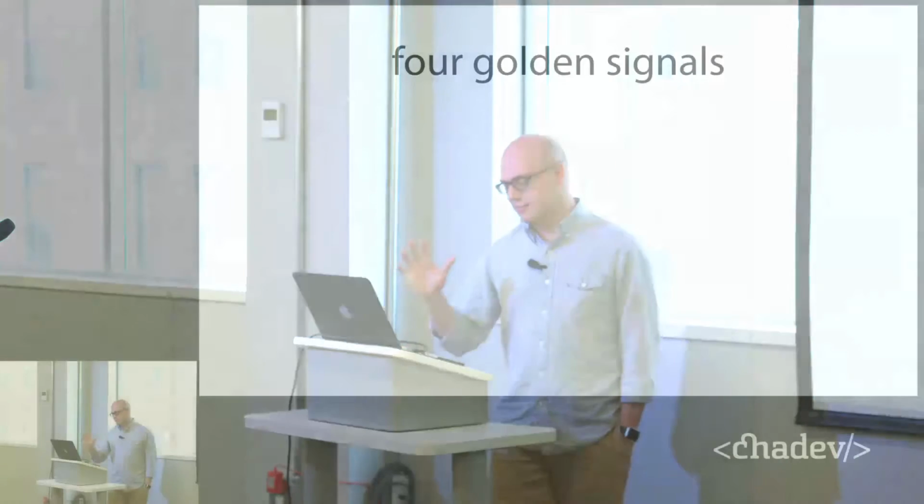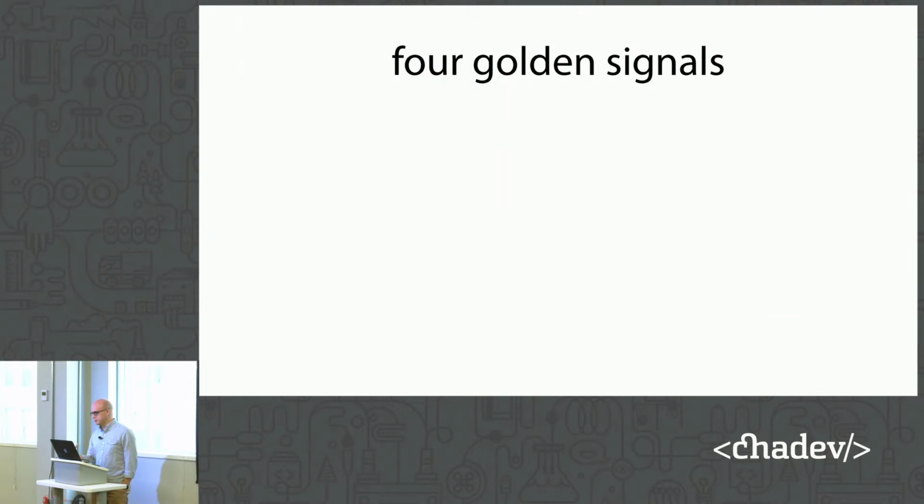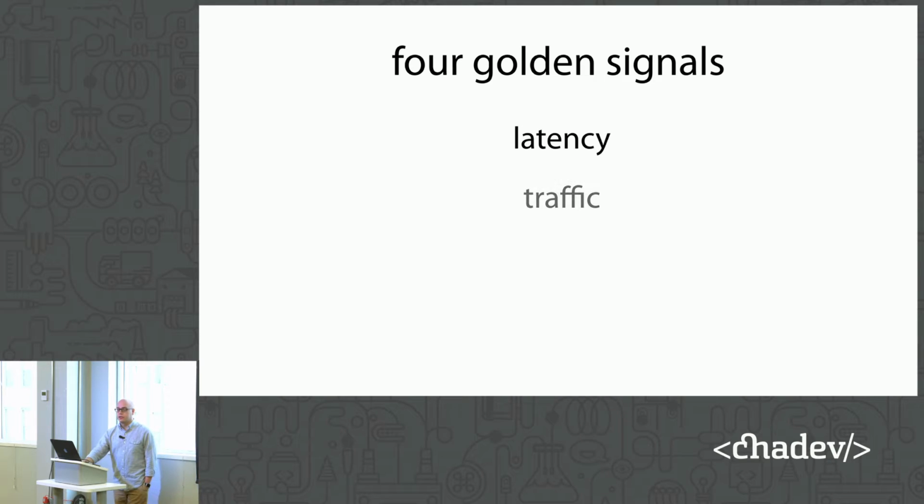I'm going to talk about four golden signals. These come from the Google SRE book, which I highly, highly, highly recommend reading, and I'll talk about that later. The signals to look out for when you're running an application are primarily latency, traffic, errors, and saturation.